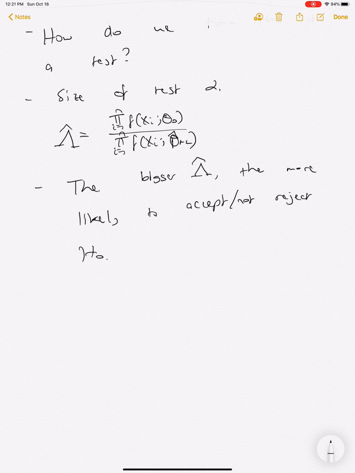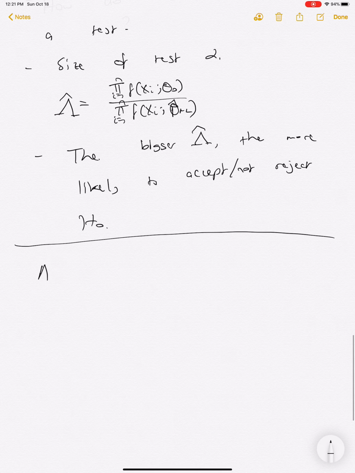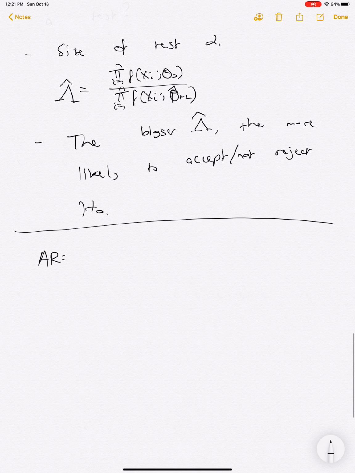So the acceptance region that we have here is that if gamma hat is bigger than or equal to some c, we accept H0.